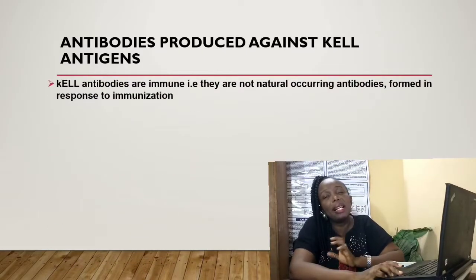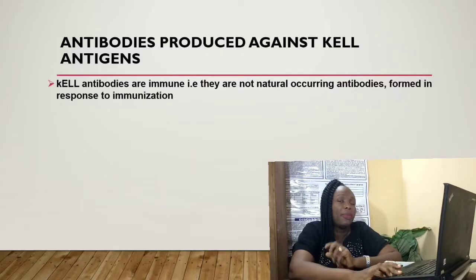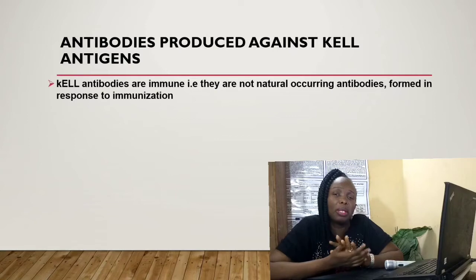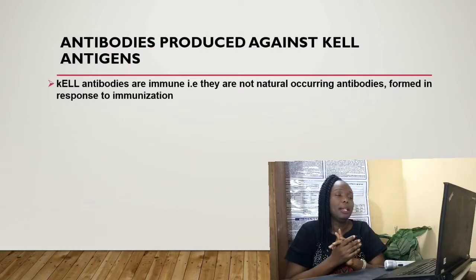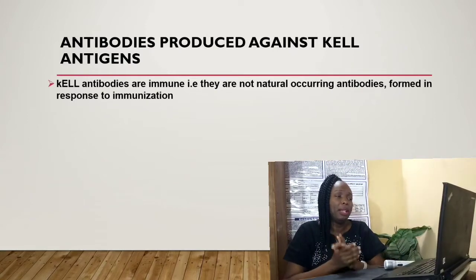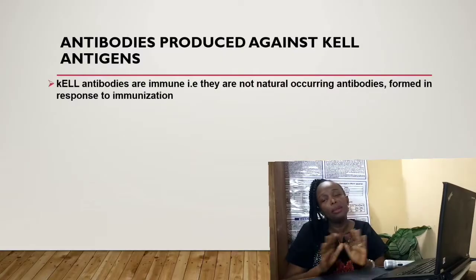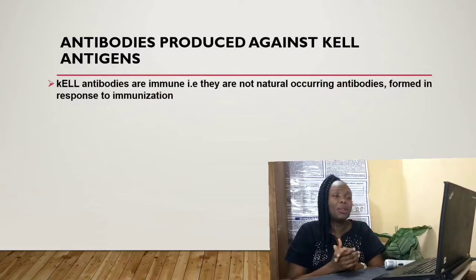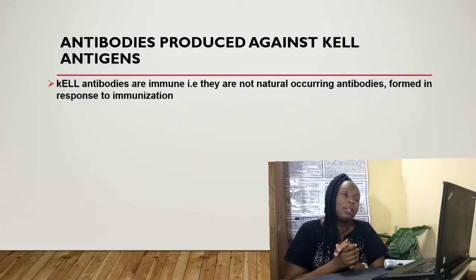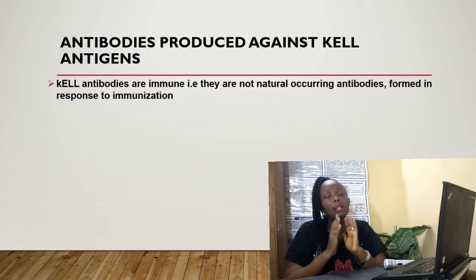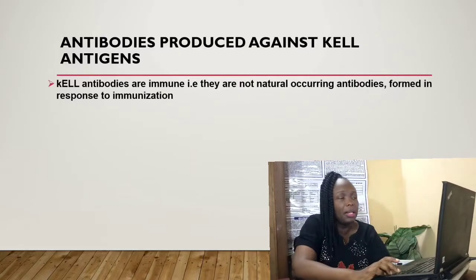Antibodies that are produced against Kell antigens. Just like we said when we were discussing the Rh blood group system, in the Kell blood group system the antibodies are immune. They are not naturally occurring, which means they are formed in response to immunization.